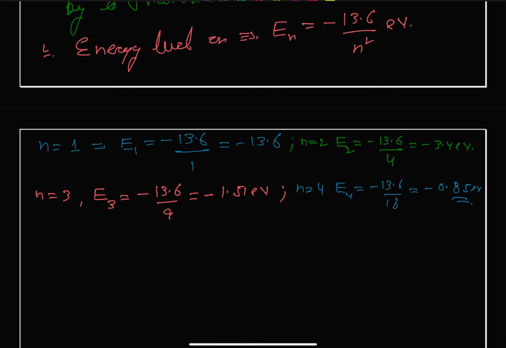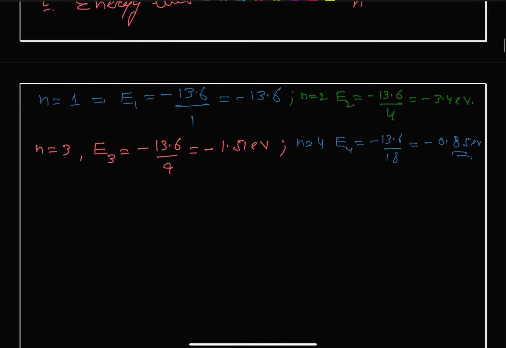And from here we are going to subtract all these energy levels, which basically means E2 minus E1, E3 minus E2, E3 minus E1, as well as E4 minus E3, E4 minus E2, and E4 minus E1. And from there we are going to get the value.